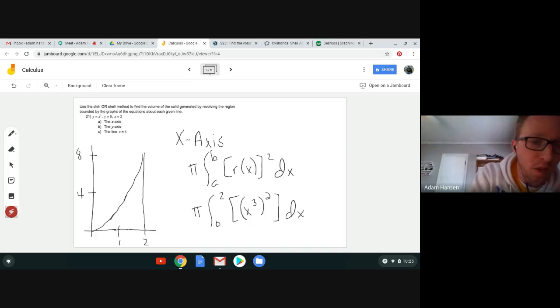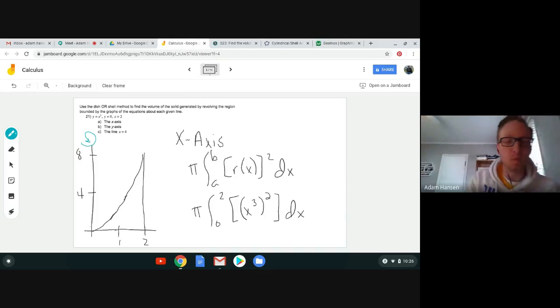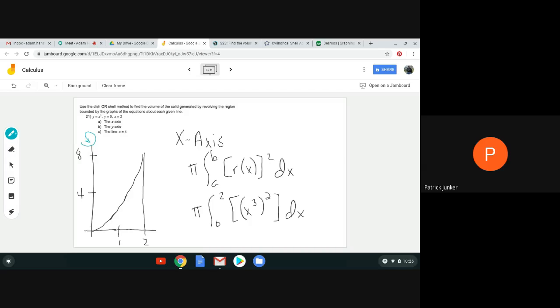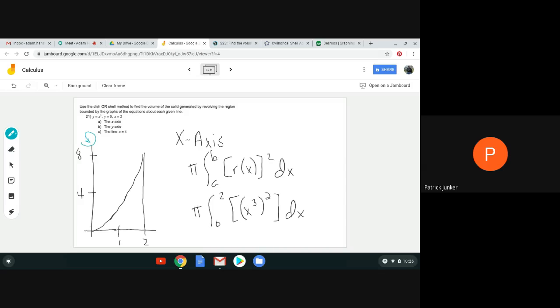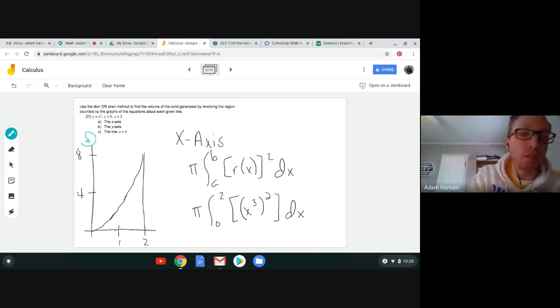Now we're going to rotate around the y-axis. Disk washer or shell? Which would be preferable here? Shell. Shell method. Why shell method? Because you're going around the y-axis. So a vertical axis of revolution.